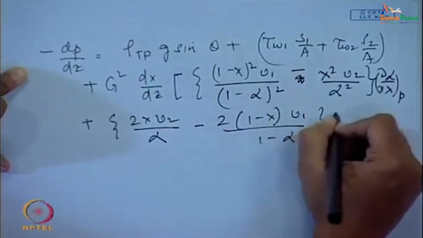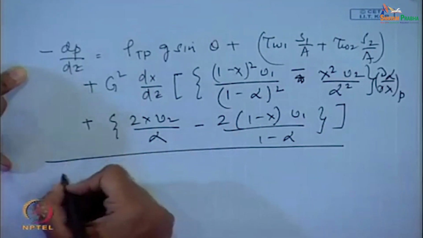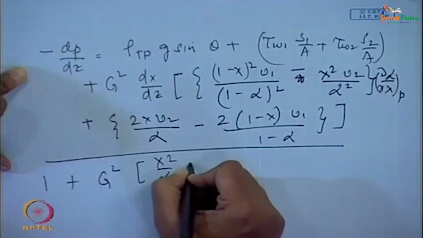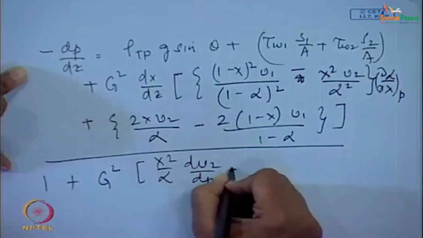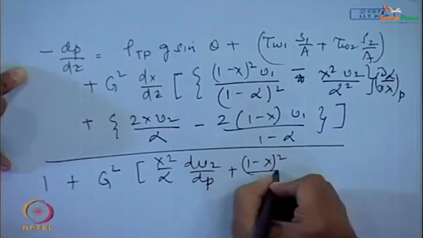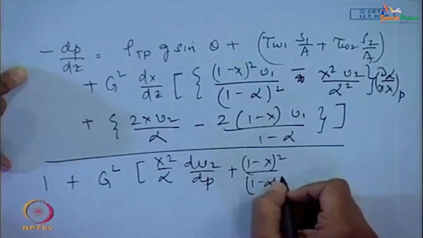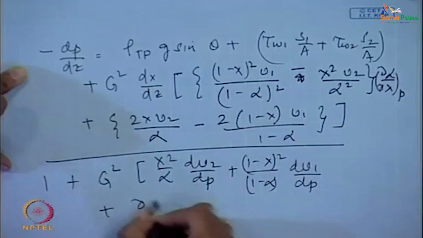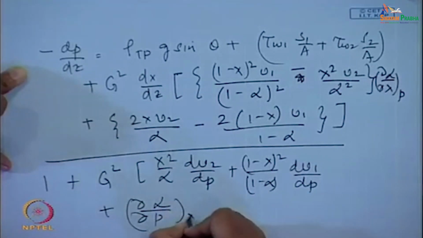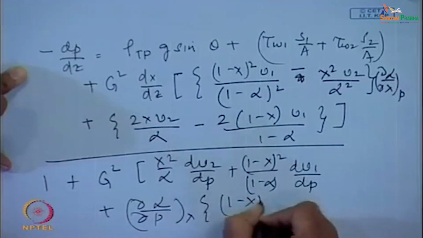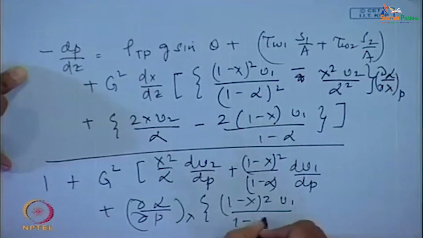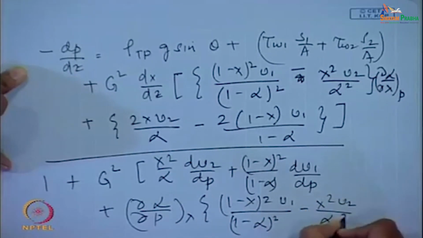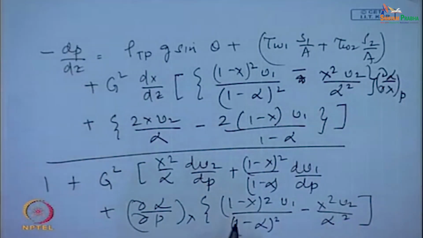So, this was the numerator part divided by 1 plus G square, x square by alpha dv2 dp, 1 minus x whole square by 1 minus alpha. So, this was all we had already deduced.